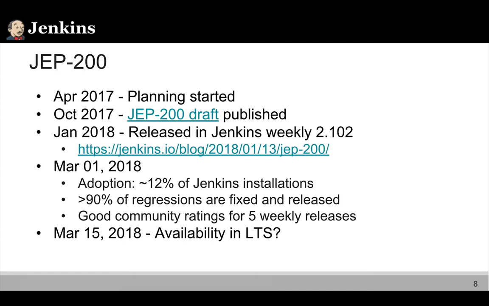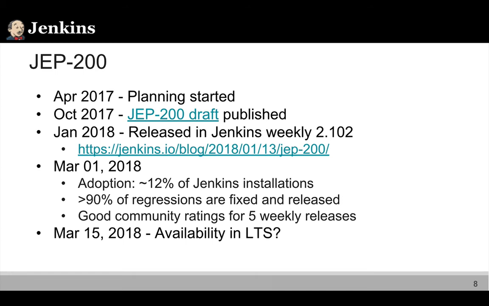We've got lots of regressions. Some regressions have been identified even before the release, because we did a lot of testing. But then after the release, we also made many patches, and now most of the regressions are fixed and verified. And actually, we have a good community rating for the last 5 weekly releases.